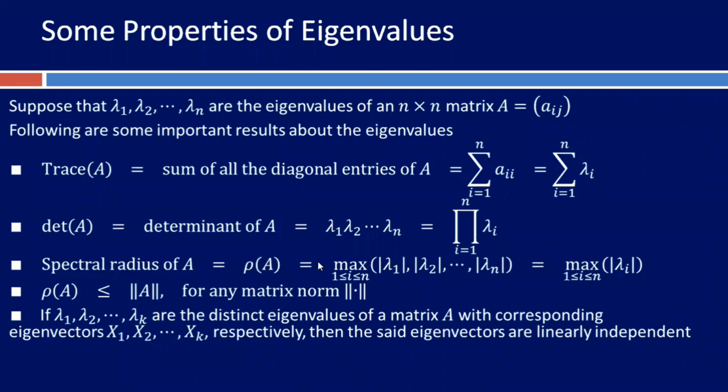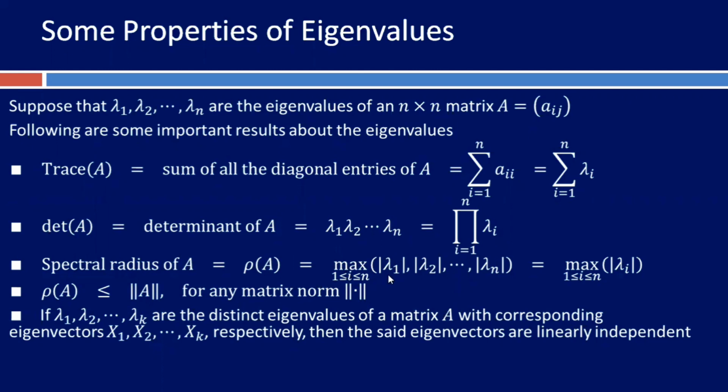Here lambda 1, lambda 2, and so on up to lambda n is our general case of n eigenvalues, or an nth degree polynomial. The spectral radius of A, rho of A, is the maximum of the absolute values of all these eigenvalues.